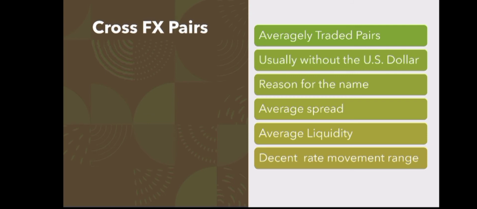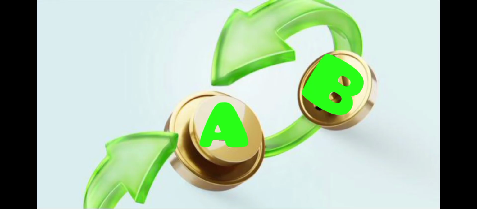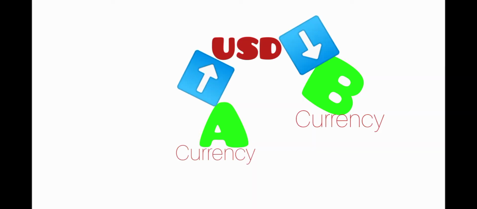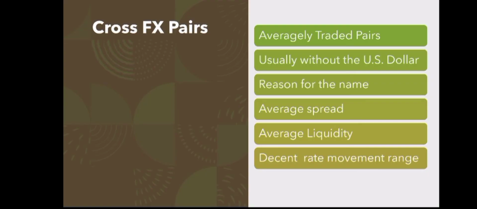They are called cross pairs because initially in most countries, for you to be able to convert one currency from one country to the currency of another country, you would first have to convert it to the US dollar and then convert the US dollar to your target currency. That was the initial system.